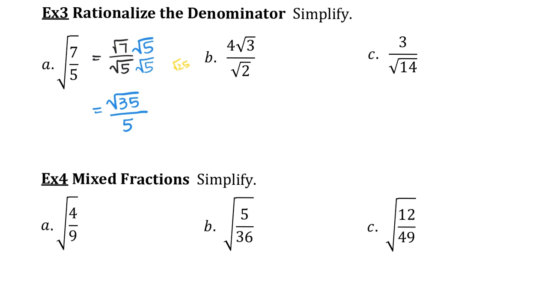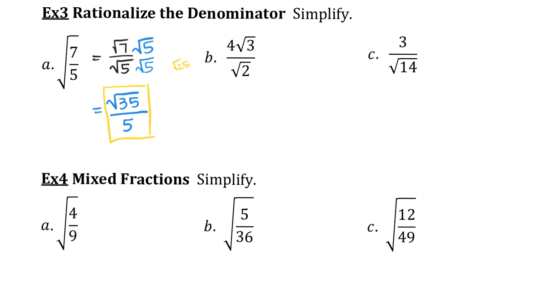Now the reason this is a better answer, because now in the denominator I have a rational number of 5. Square root of 35 does not simplify because it's only 7 times 5. So this is my final answer simplified, and the reason it's better is because the denominator is rationalized, or there's no square root on the bottom.